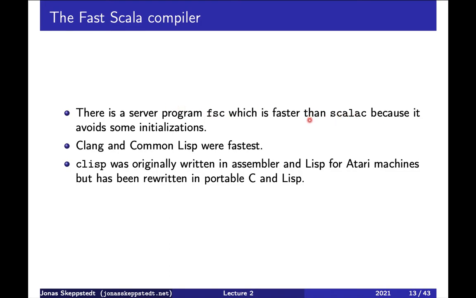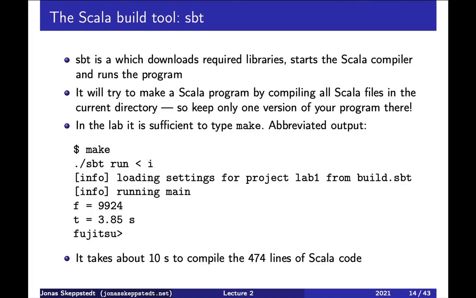Underneath it is used, but there is something called the Scala build tool, and with it you type like this: sbt run, and input to the program. What happens then is that the Scala build tool checks that you have the required libraries. If you don't, it downloads the proper version, then starts the compiler and runs the program.